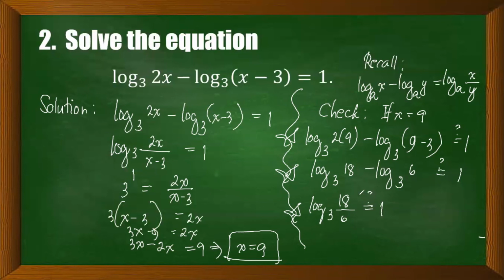Okay, yes, because this logarithm can be written in exponential form. This is 3 raised to 1, 18 divided by 6, which is equal to 3. Okay, so that's it. Meaning the value of our x is the solution of the given equation.